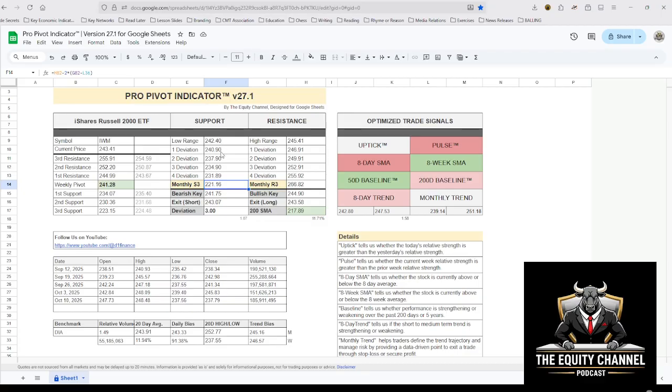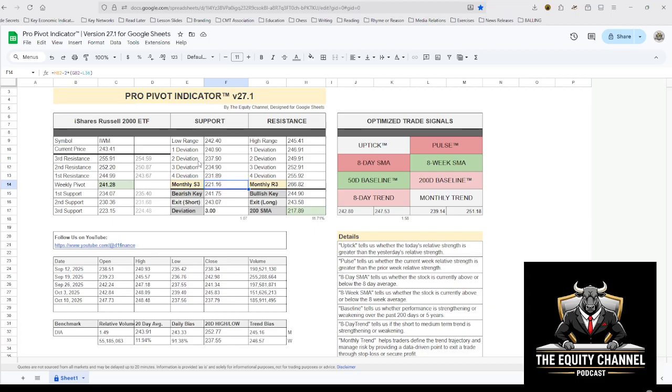Also, what would be great is if we're bouncing off of divergences. Let's say we're going back above the high range, and we just had a bullish divergence. That would be great. Let's say we're going back below the low range, and we just had a bearish divergence on the RSI. That would be great.